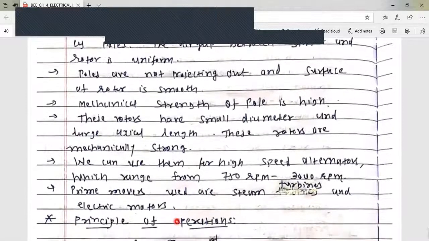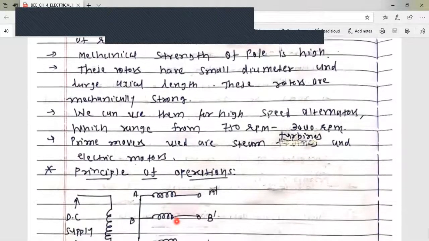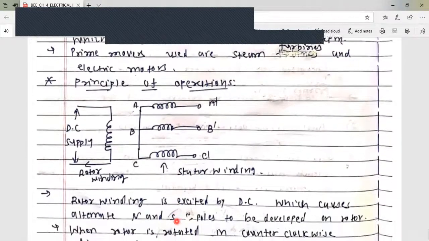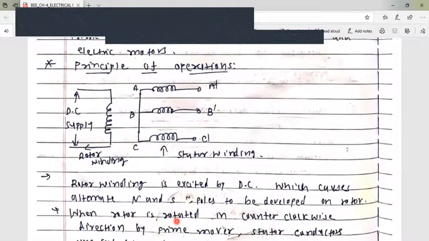Now we'll discuss the principle of operation of a synchronous generator or alternator. Here is the rotor winding. As we have discussed, DC supply or DC exciter is connected to the rotor winding, and these are the stator windings. Okay.